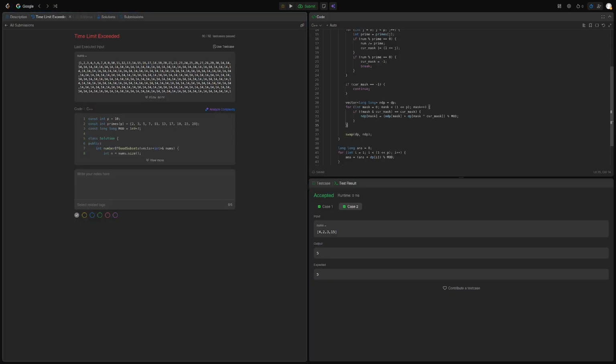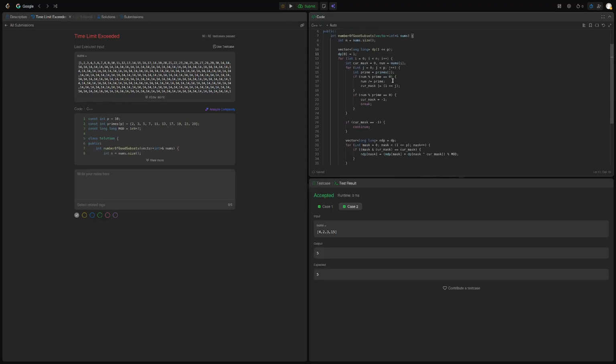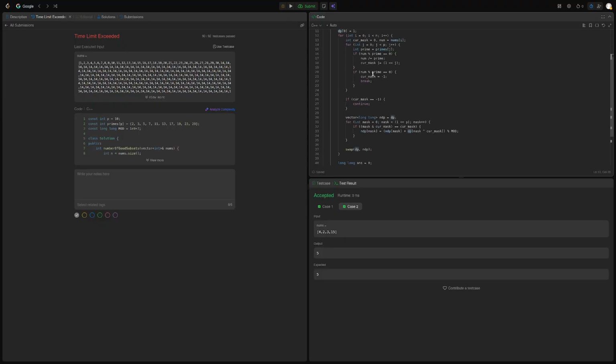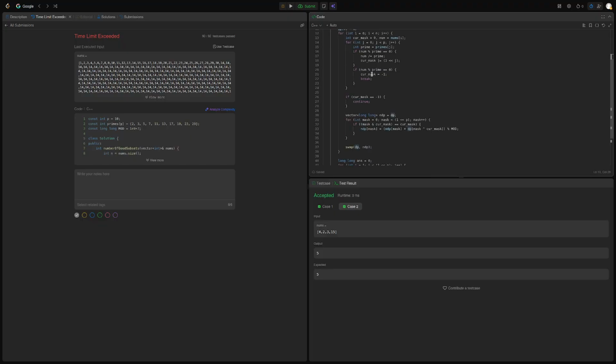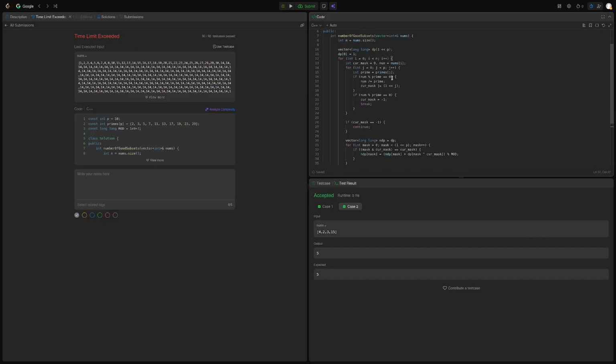Time limit exceeded. Okay, well, it's not fast enough, I guess, on 2 test cases only. Yeah, that sucks. But maybe, I'm not sure which will be faster, and I don't want to run it 10 times so that it passes.